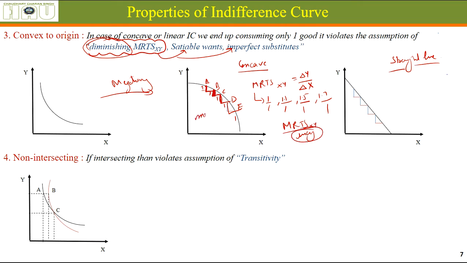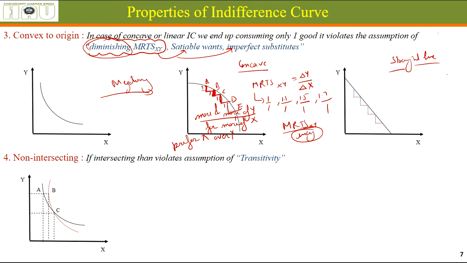He is ready to let go more and more of y for more of x. It clearly shows that he prefers x over y. He doesn't want y. If the quantity of x with him is increasing and he is ready to let go more and more of y, that means he is certainly preferring x over y. That's why this is happening.